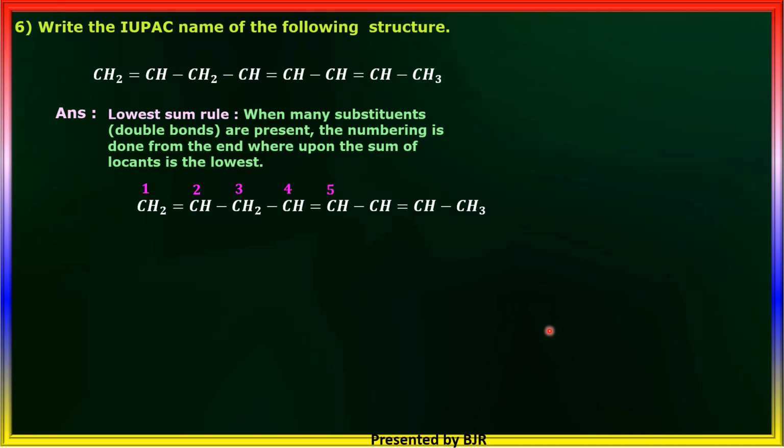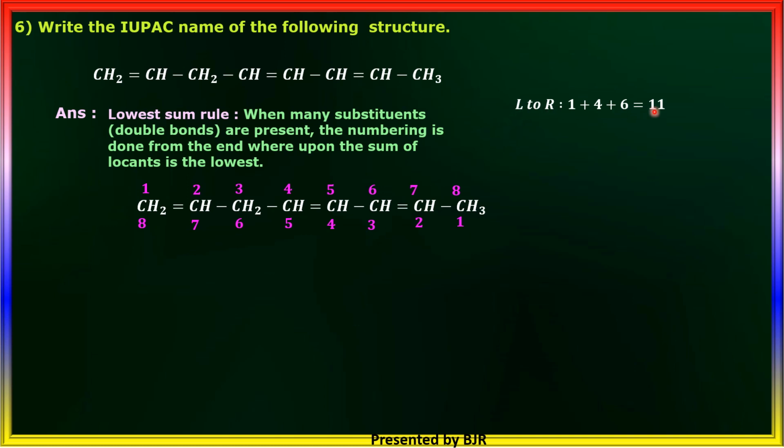Let us do the numbering from left to right and from right to left. Total 8 carbon atoms are there, and 3 double bonds are there in this structure, and we have to choose one of them.